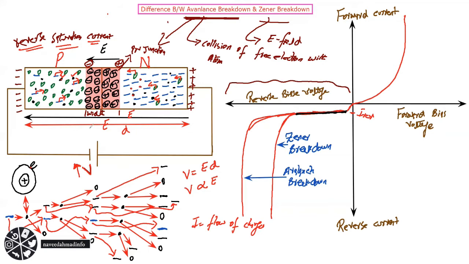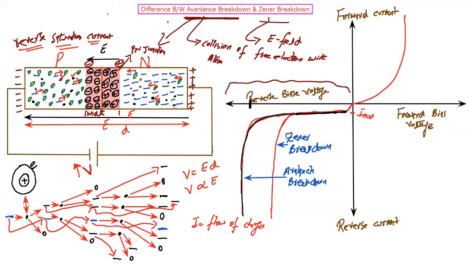But if you increase this reverse bias voltage, then these minority carrier electrons will generate a bunch of electrons and we will have a high reverse saturation current. So whenever you use a PN junction, you should remember this reverse bias voltage, because if you cross it, then your diode will burn off.